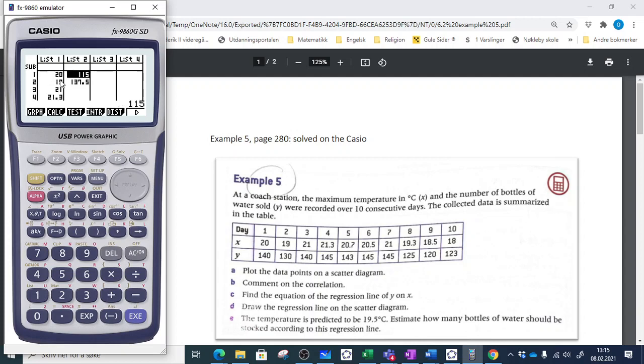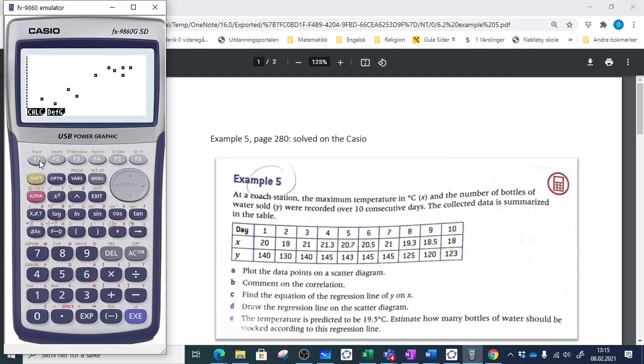I'm just putting in the points as they are written. Okay. So once you have all the data put in, we can graph this on a scatter diagram.